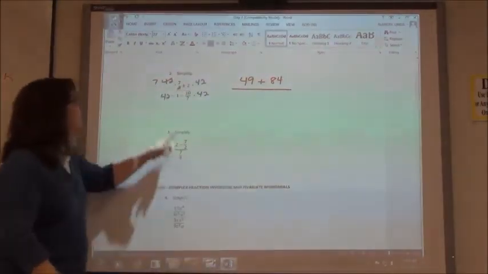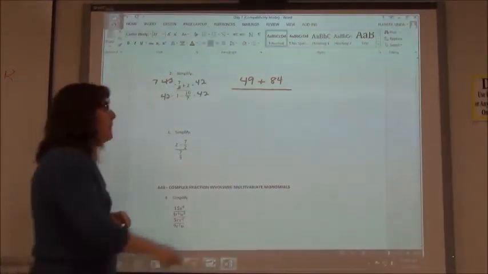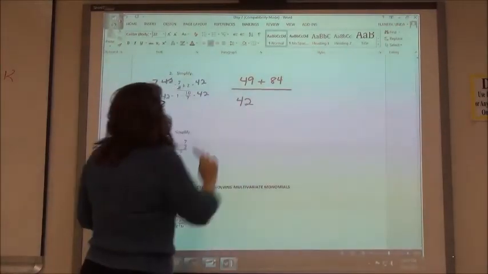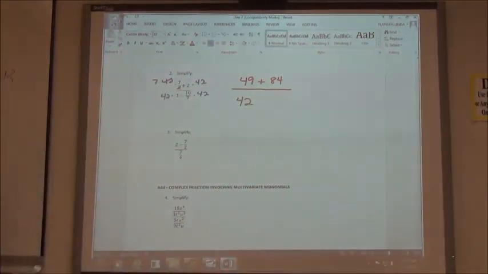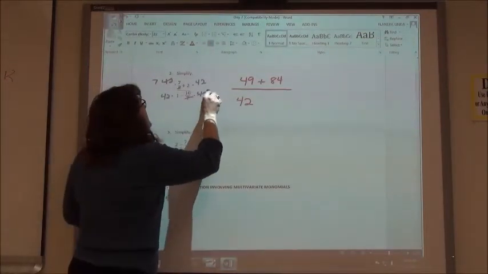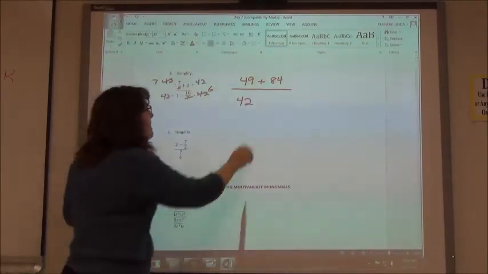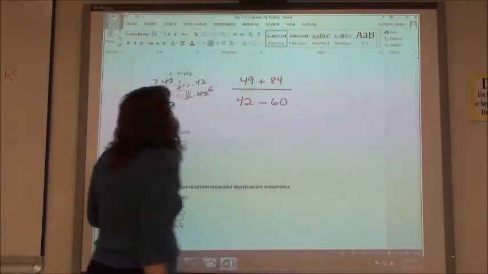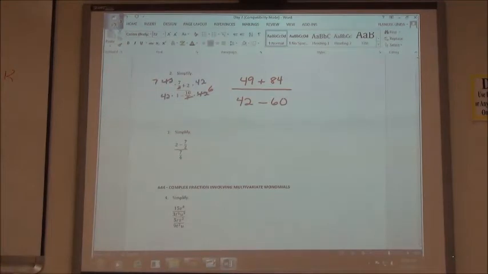On the bottom, 42 times 1 is 42, right? And then we have a fraction again. 7 goes into 42 6 times. 6 times 10 is 60. So minus 60, right? So now on the top, we have to take 49 plus 84.